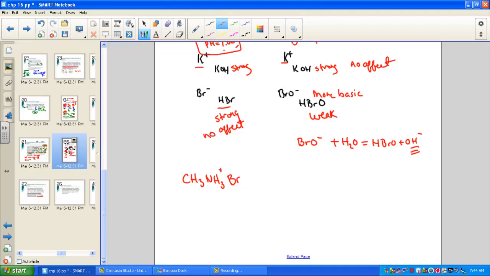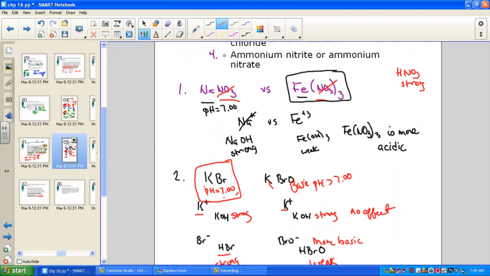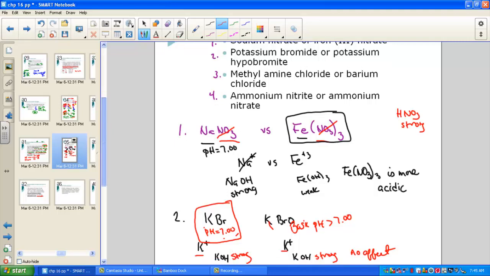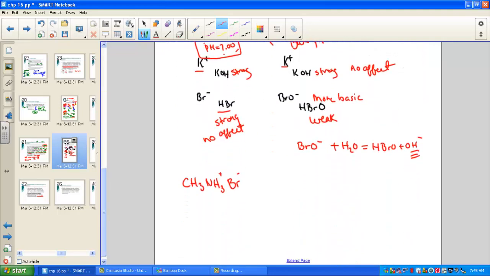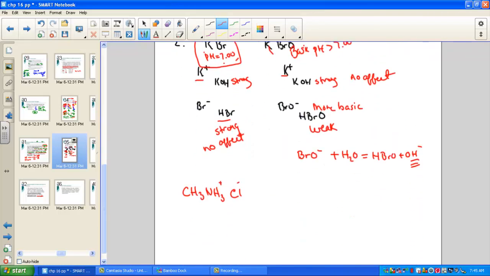Last name is chloride, not bromide. I just wanted to repair that because they have the same last name. So it's chloride: methylamine chloride versus barium chloride.